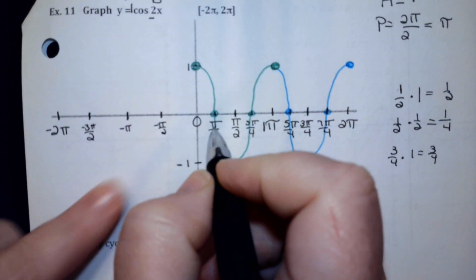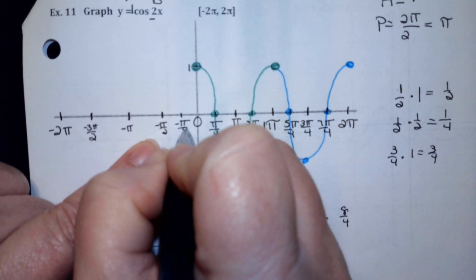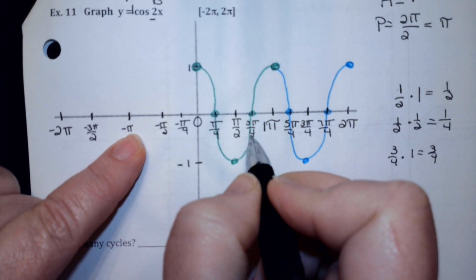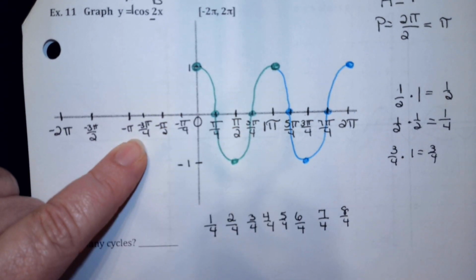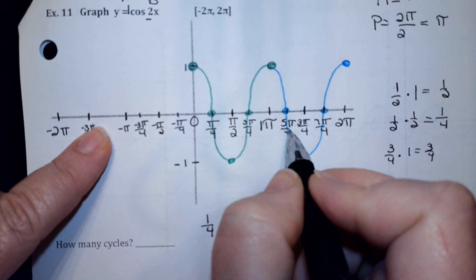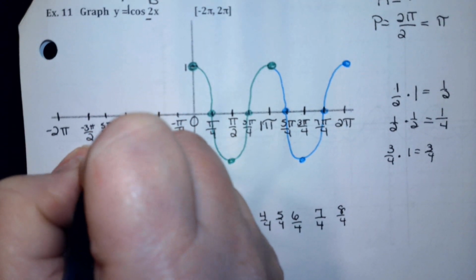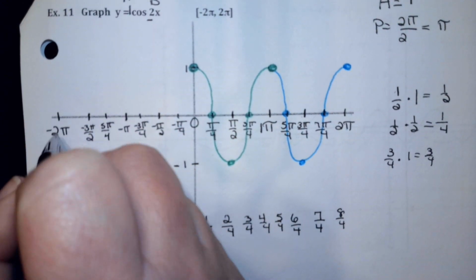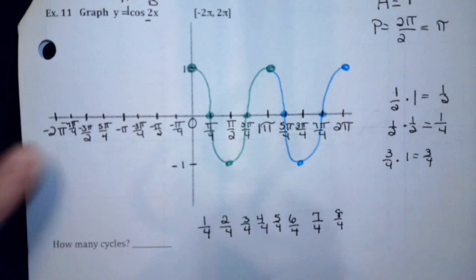All right, then we need our 1/4 pi, so this is negative pi over 4. Then the next one would be negative 3 pi over 4. Then our next one would be negative 5 pi over 4. And then between negative 3 halves and negative 2 would be negative 7 pi over 4.